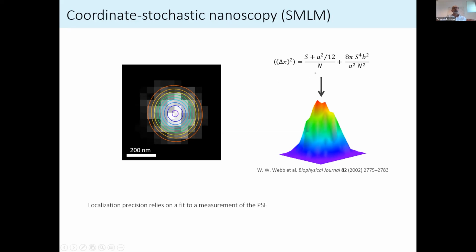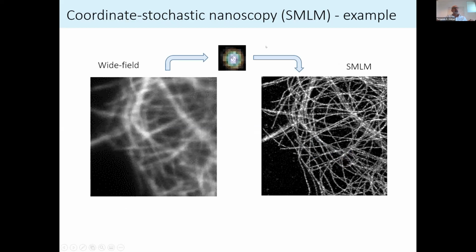And that can be done with a precision that is inversely proportional to the square root of the total number of photons detected, as explained in the previous lecture. And then we can end up with an image like this. So this would be the wide field image if we put all the signals of the molecules together. And on the right, you would see the single molecule localization image that is constructed after analyzing each individual signal and determining its center and placing then a bright dot on a subpixel of this image. Okay.